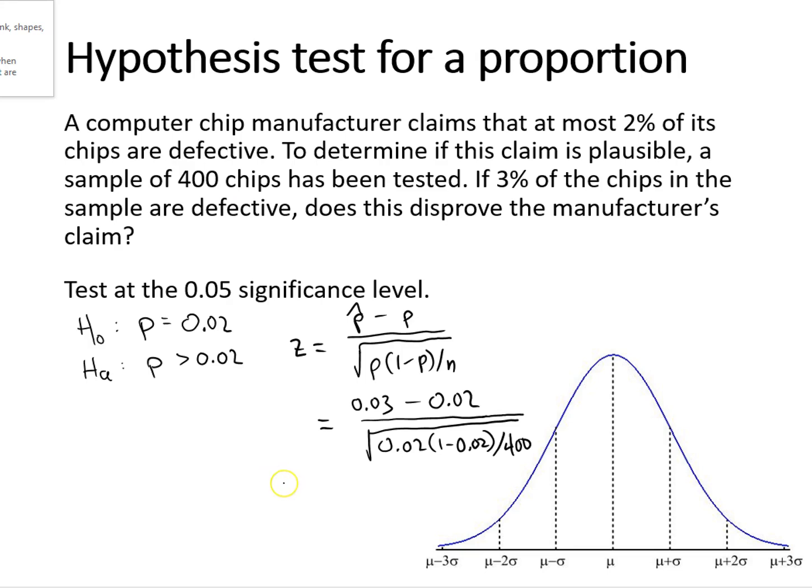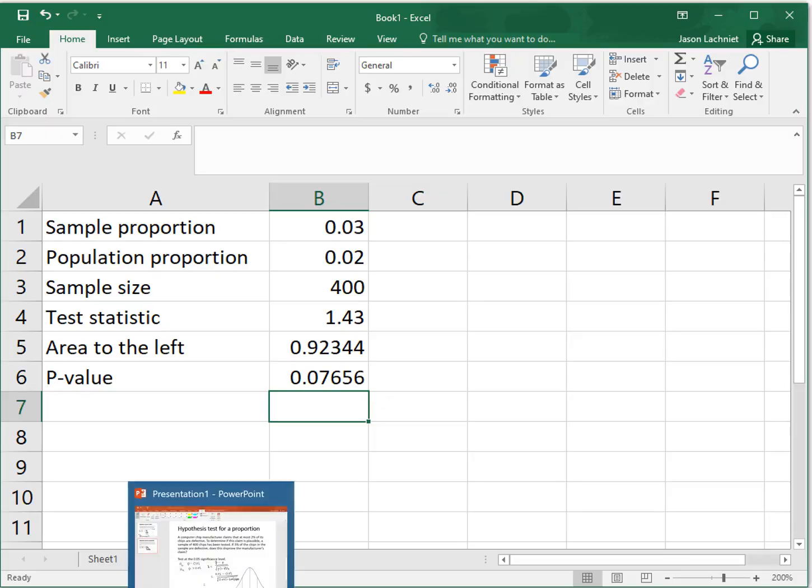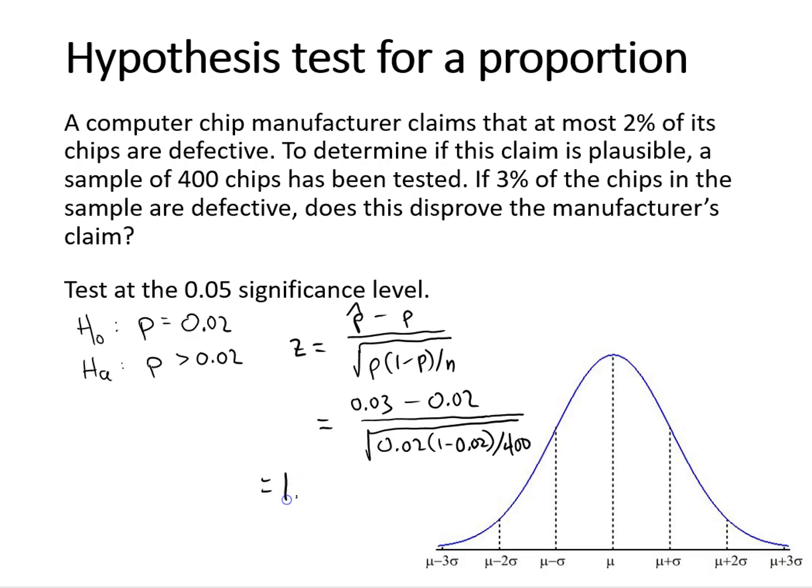So what have we got? We've got a test statistic, which was 1.43. I want to think about on our normal distribution where that puts us. Not quite 1.5 standard deviations above the mean. And because of our alternative hypothesis, we're looking at a right-tailed test, and we are essentially wanting to know the probability that we would have observed a sample proportion that high or higher if the true proportion was 0.02 as indicated in the null hypothesis.